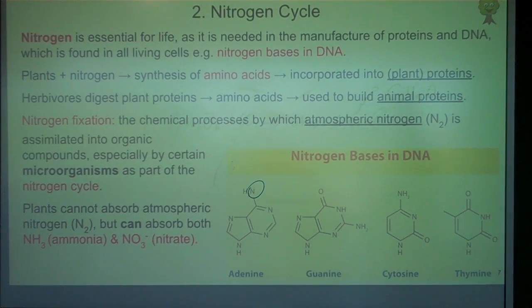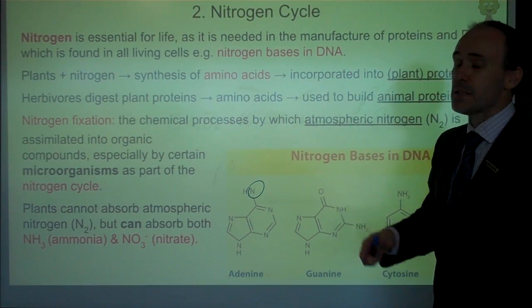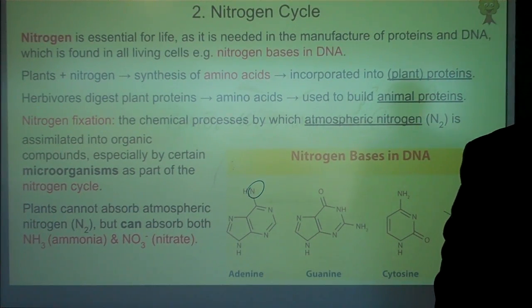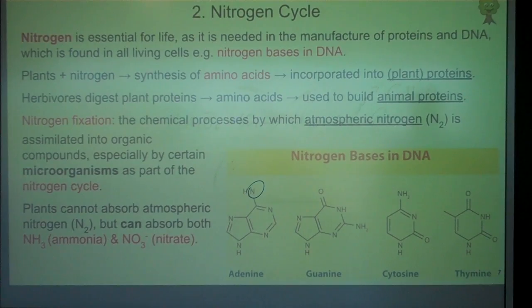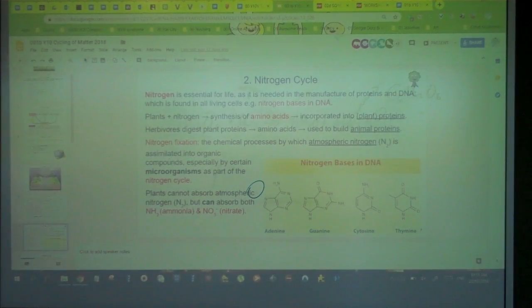And so we'll look at nitrifying bacteria and denitrifying bacteria who are just gumming the works up. But again, the key things here, it's in nitrogen bases, and plants produce the amino acids that are then used to build proteins. So it's in proteins, it's in DNA. Okay, yes, I agree. I'll make that bit red up there.